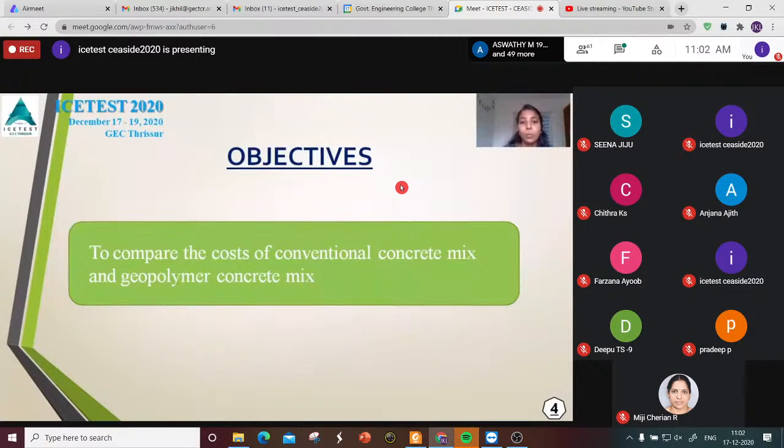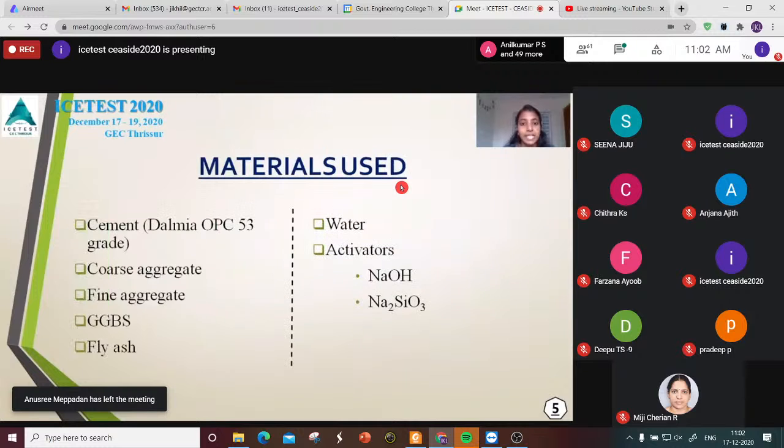Now, coming to the objective of this study, it is to compare the cost of conventional concrete mix, that is the OPC concrete mix, with geopolymer concrete mix of the same grade. The materials used for this study are cement, Dalmia brand OPC 53 grade, coarse aggregate, fine aggregate, GGBS, fly ash, water, and activators, a mixture of 8 molar sodium hydroxide and sodium silicate solution.